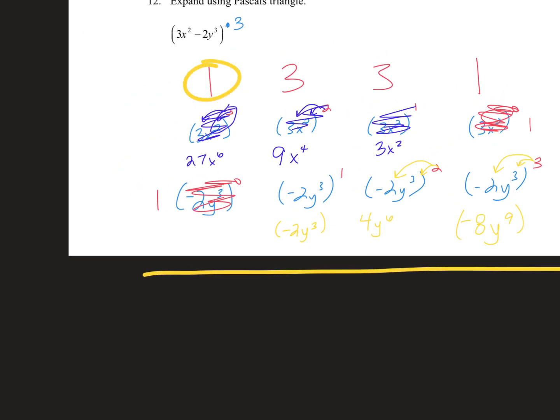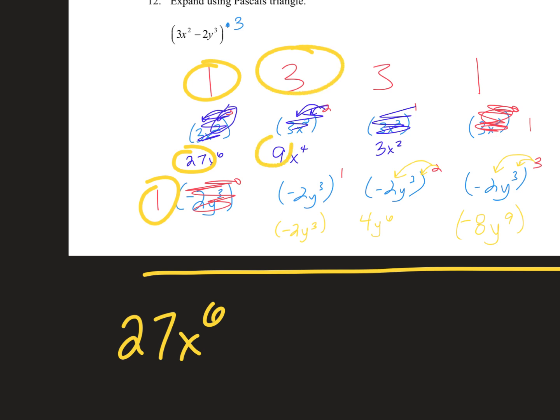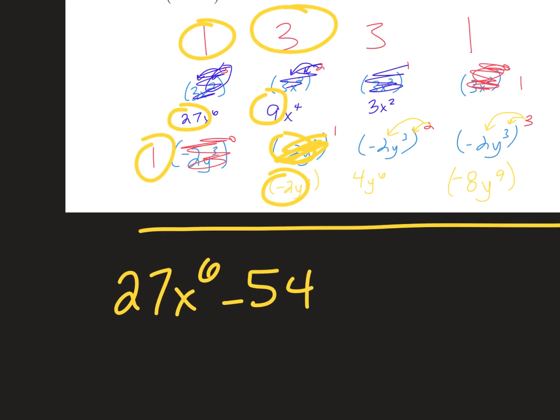So what's 1 times 27 times 1? So 27x to the 6th. What is 3 times 9 times negative 2? Negative what? 54, okay. And then what are the variables?